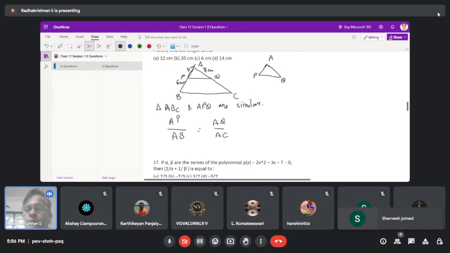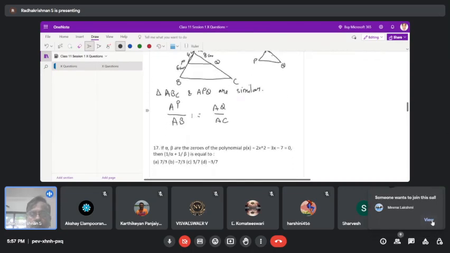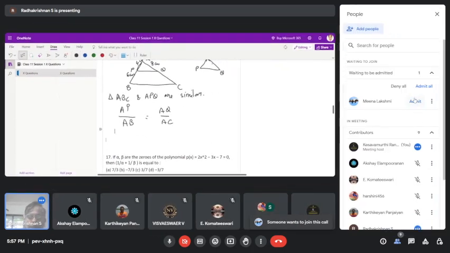So APQ is a smaller triangle, ABC is a bigger triangle. The corresponding sides are AP and AB. So AP by AB is equal to AQ by AC. Now from this we can easily determine AC, because they have asked to find AC. From this one equation you can determine it.